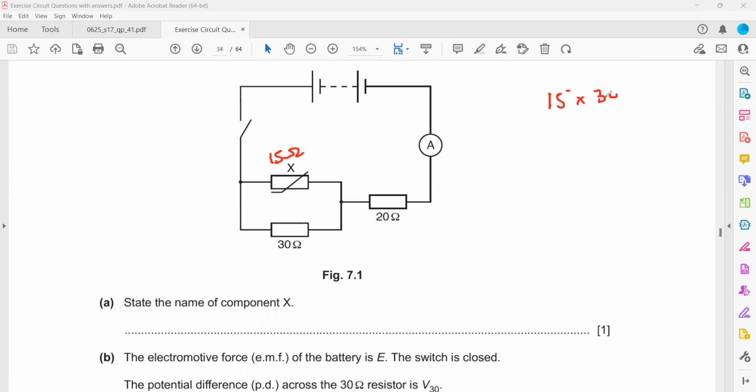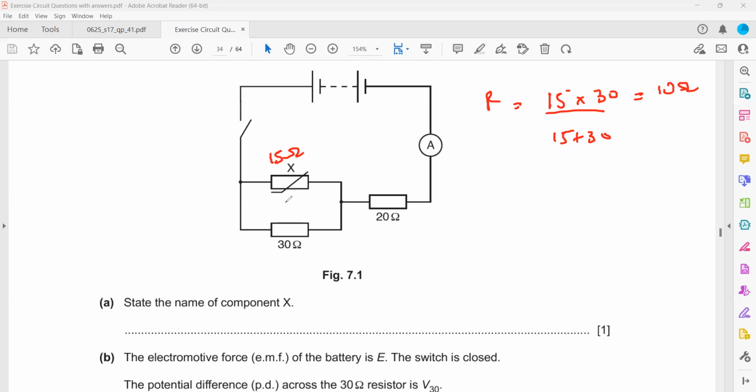So it will be 15 times 30 divided by 15 plus 30. What's the answer for this part first? That is equal to 10.